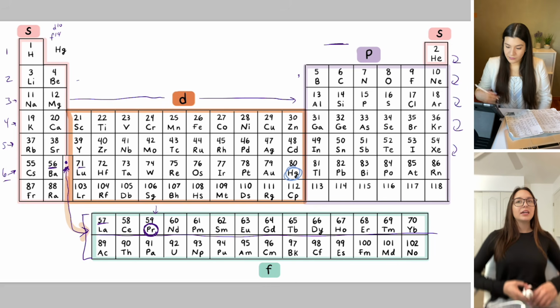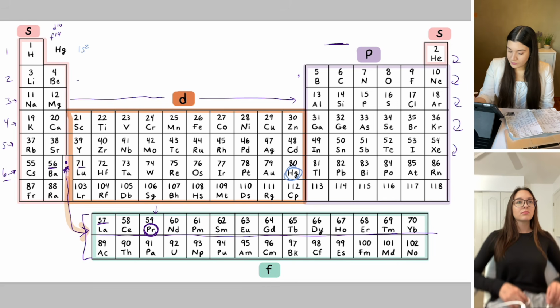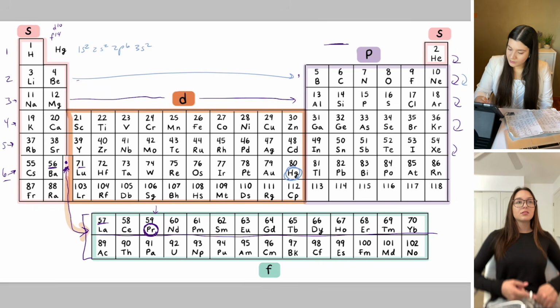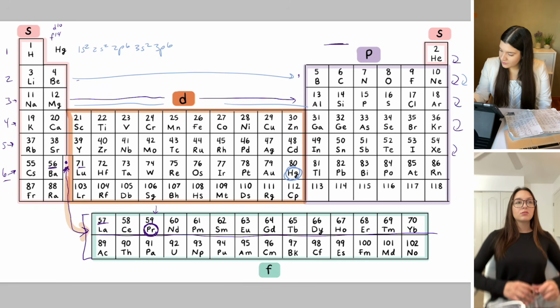Okay, so 1s2, 2s2. Good. 2p6. Perfect. 3s2, 3p6. Good. 4s2. Keep going.